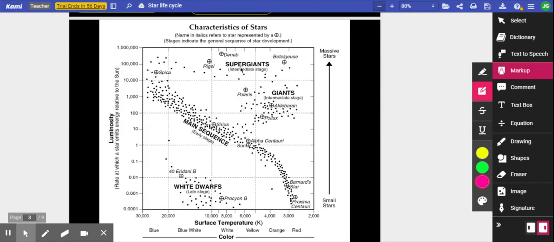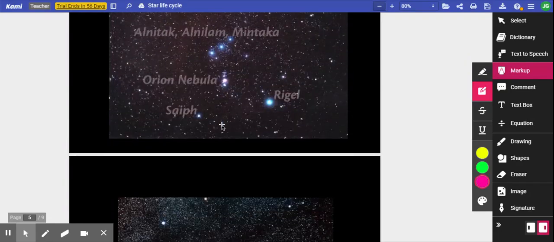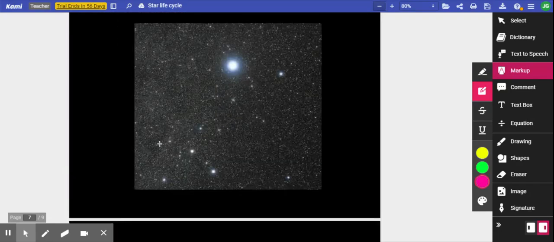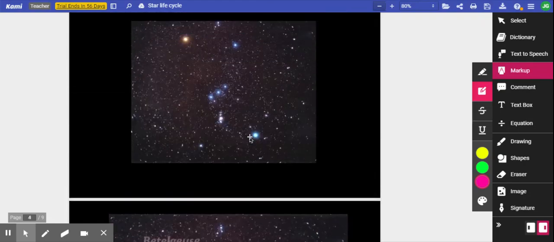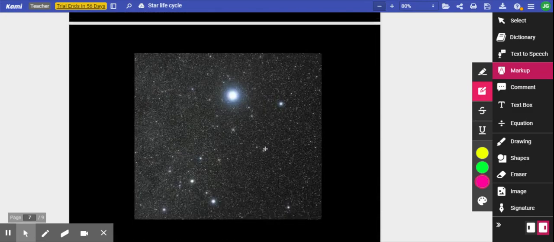Sirius is one of the brightest stars in the winter sky. Sirius is a white star, brighter than our sun, and that is the star that makes up the eye of Canis Major. That's actually Orion's dog. So if you find the constellation Orion, Sirius is right over here, following Orion as he hunts.